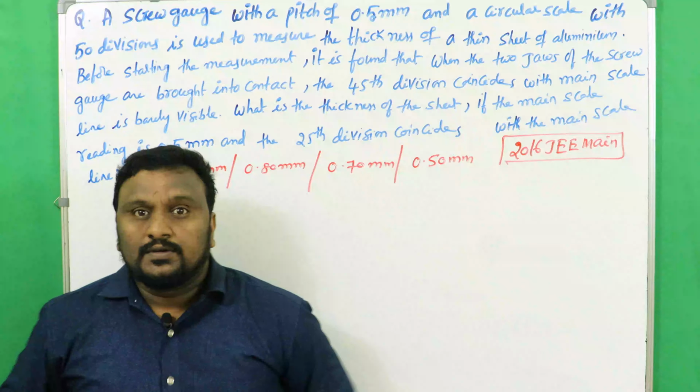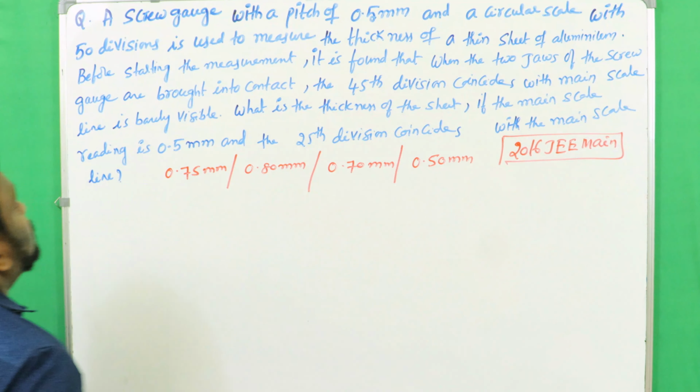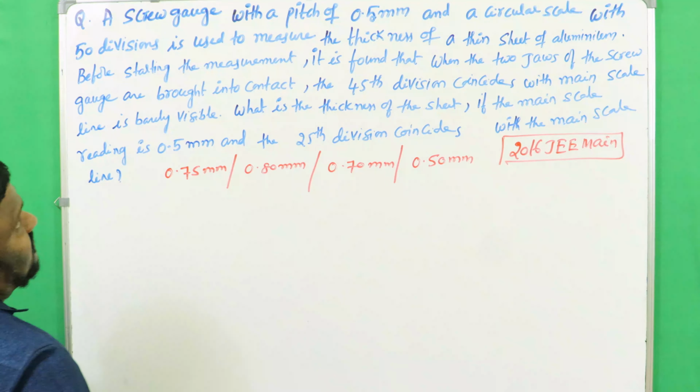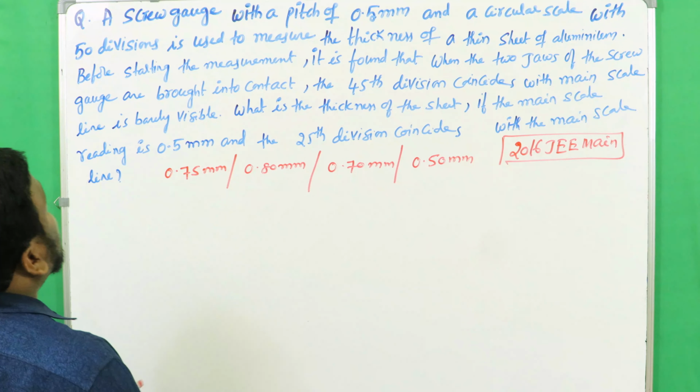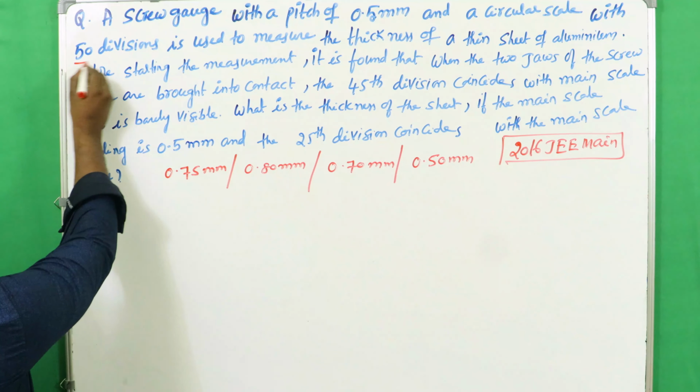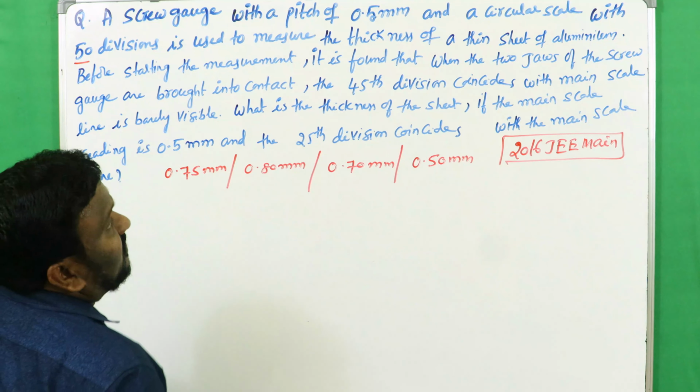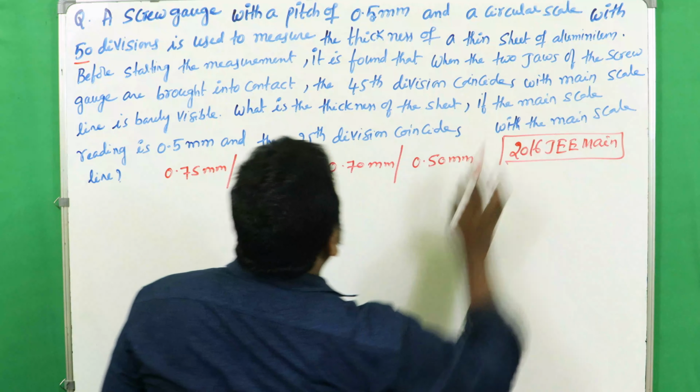See the next problem. It was given in 2016 JEE Mains. The question is like this. A screw gauge with a pitch of 0.5 millimeters and a circular scale with 50 divisions is used to measure the thickness of a thin sheet of aluminium.